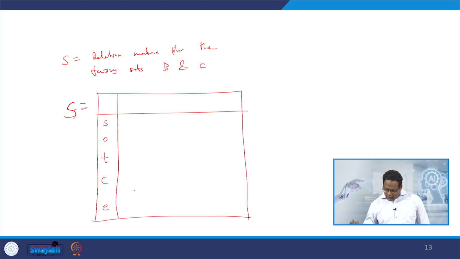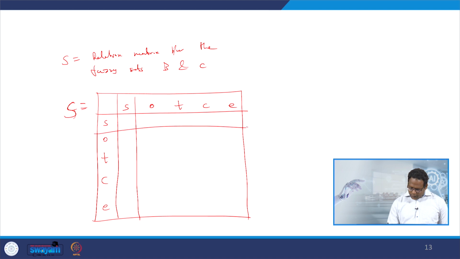The fuzzy set C also has the shapes square, octagon, triangle, circle and ellipse.